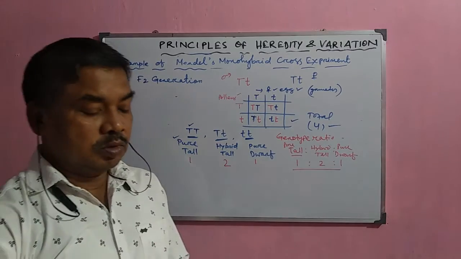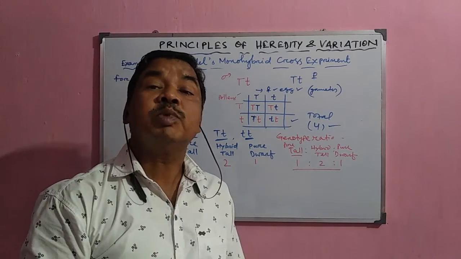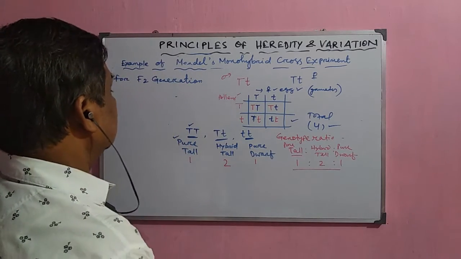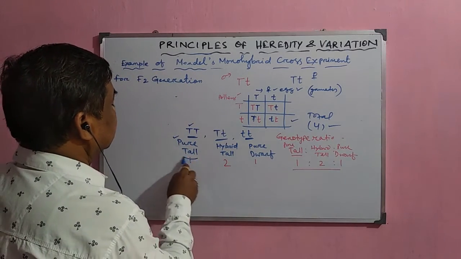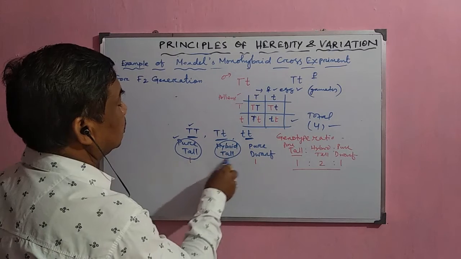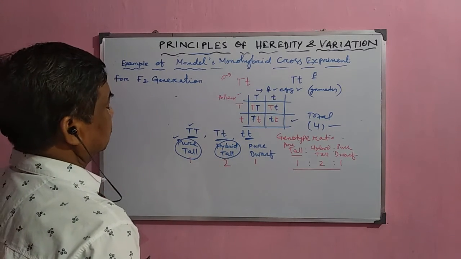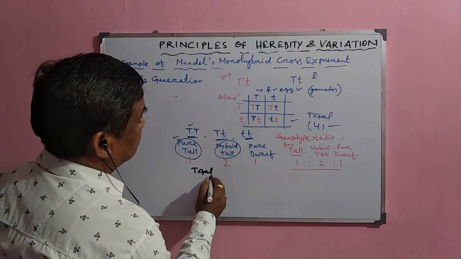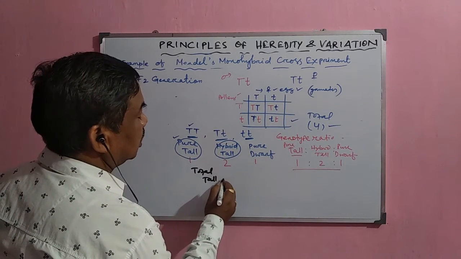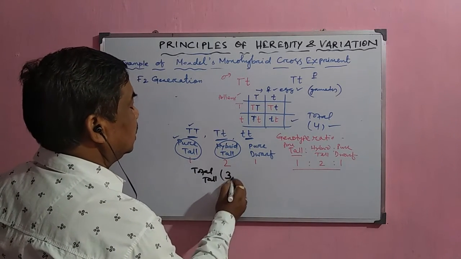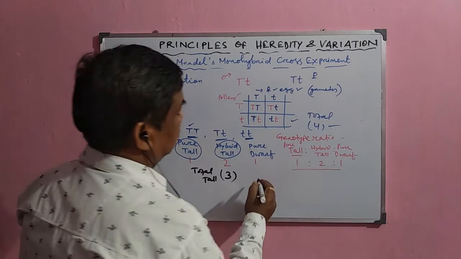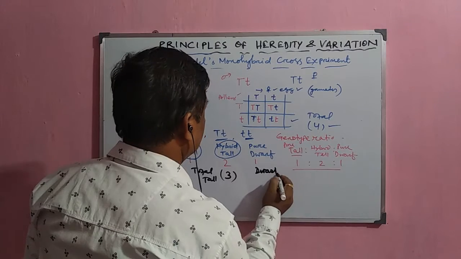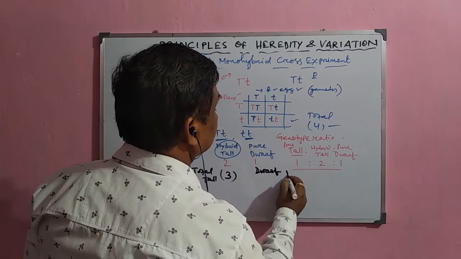Now if we consider the phenotypes, which appear from the outside, then these are tall and also these are tall. So total tall varieties are 3, whereas dwarf varieties are only 1.